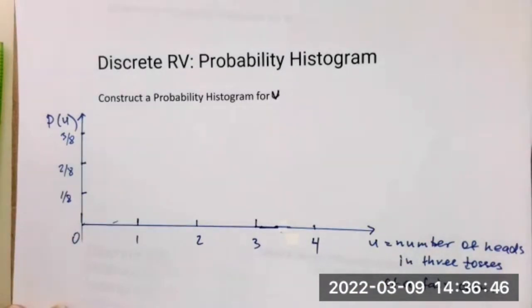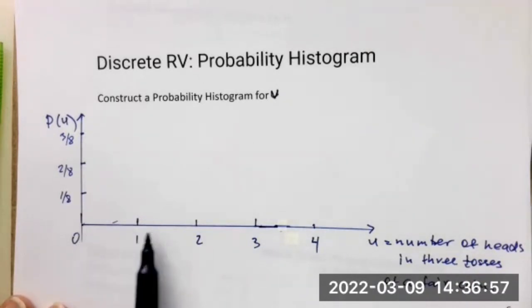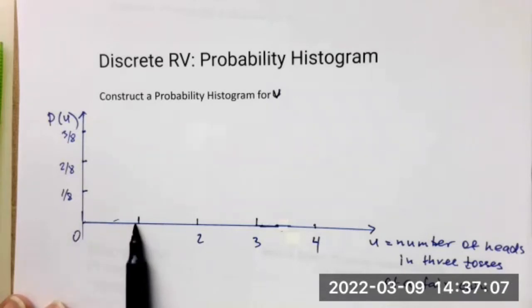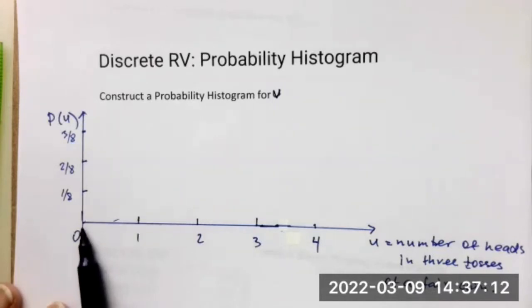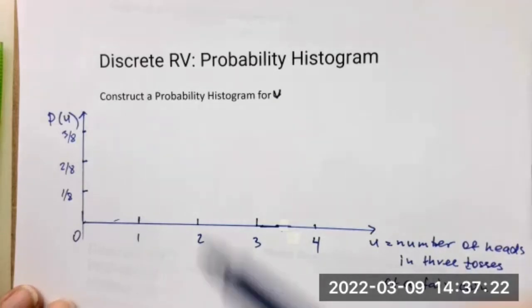Now let me remind you that we're dealing with a discrete variable. So the width of each bar for the histogram is going to be the width between our values. The first one is 0, then 1, then 2, then 3, then 4, and the bar includes the left endpoint and extends to the one on the right, but it does not include the right endpoint.